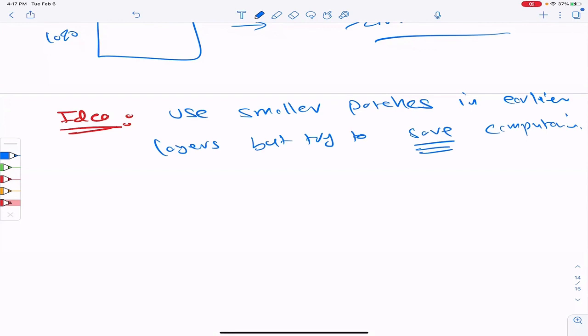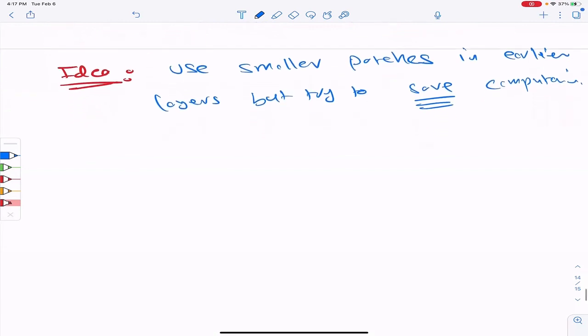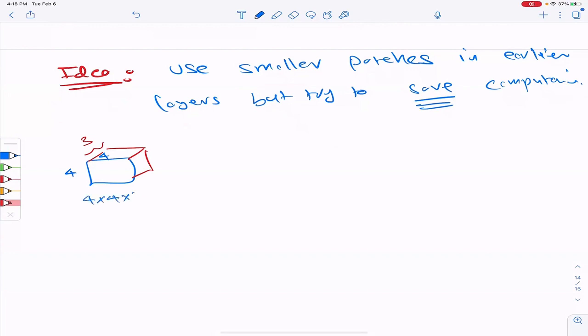So in the paper, they start with 4 by 4 patches. And if you consider RGB images, they have 3 channels, for red, green, and blue. So altogether, how many numbers do you have? 4 times 4 times 3, you get 48 numbers, a vector of 48 numbers.